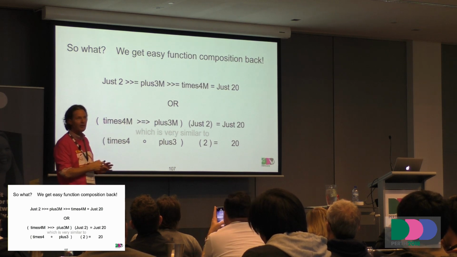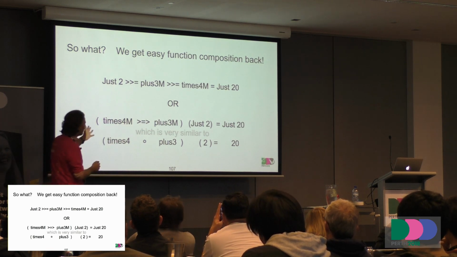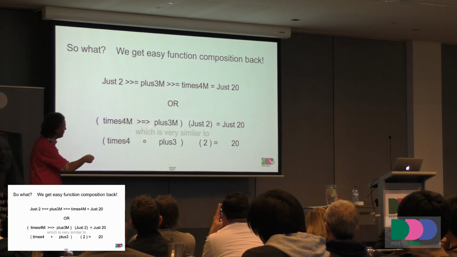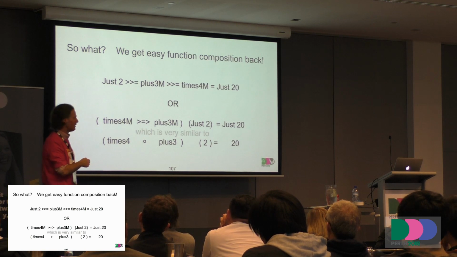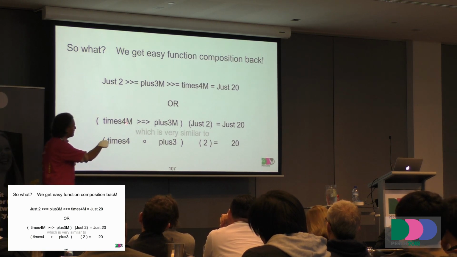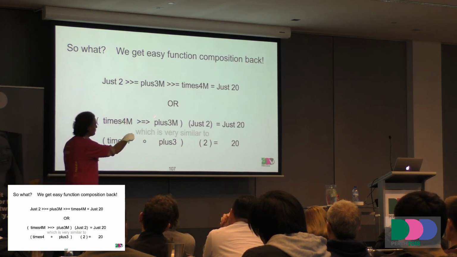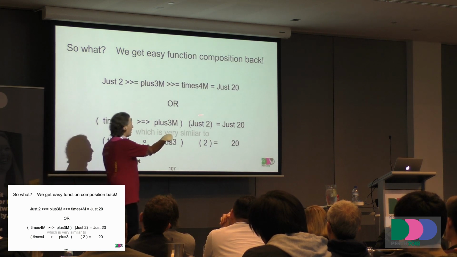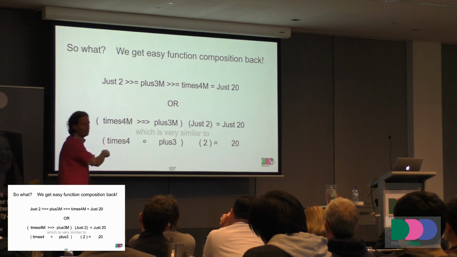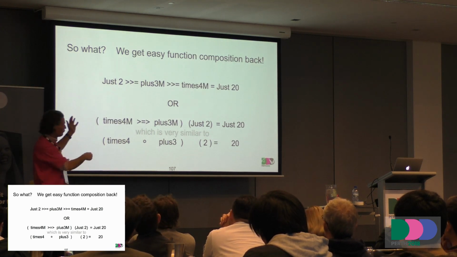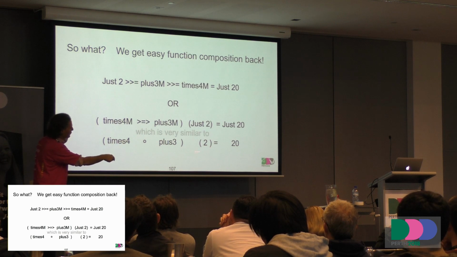But things are inside context. And even better than that, down here, if we use a different operator, how's this for an operator? It's called the fish operator. Looks pretty cool. You can take your function ×4 and apply it to +3, and then apply it to just 2 and get just 20. Just like we composed functions way back when we started. Two functions composed make another function.